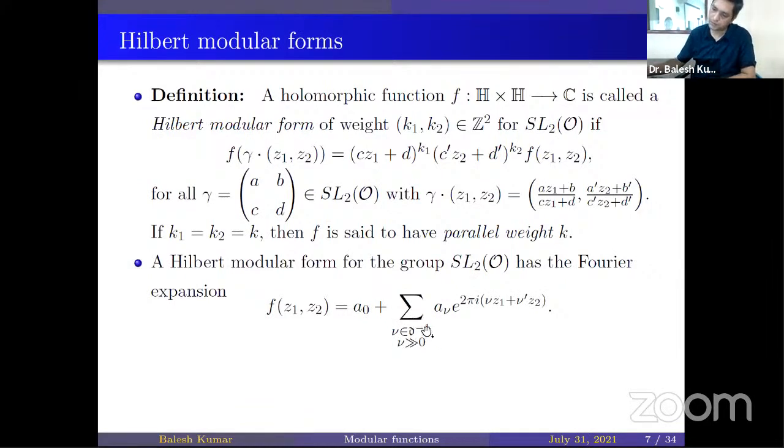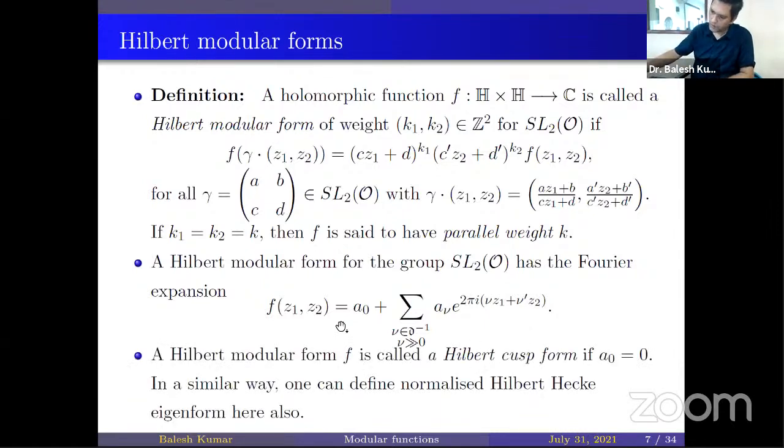Here delta inverse is the inverse different inside the real quadratic field K, and nu greater than 0 means nu is totally positive, that is, nu and its conjugate nu dash are both positive. The terms are a_nu times e to the power 2 pi i (nu z1 + nu dash z2). And one says that the Hilbert modular form is a Hilbert cusp form if the constant term vanishes.